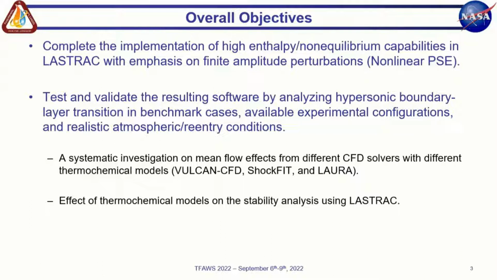We want to check how the mean flow will affect the result. The other one still focuses on different models, but we change the models used in LastTrack itself. In the second work, we use the same mean flow but use different models in LastTrack, to check the different effects.